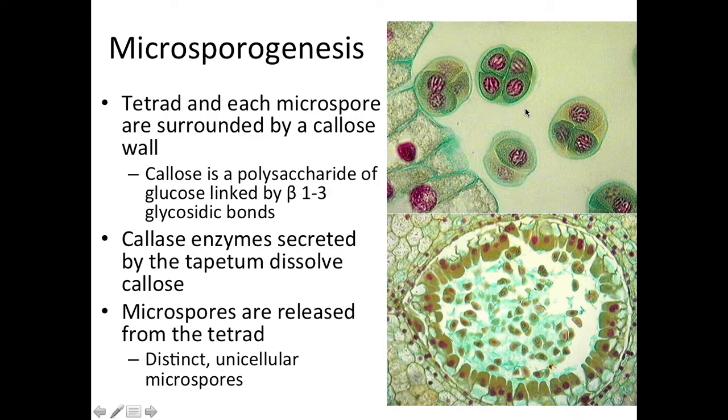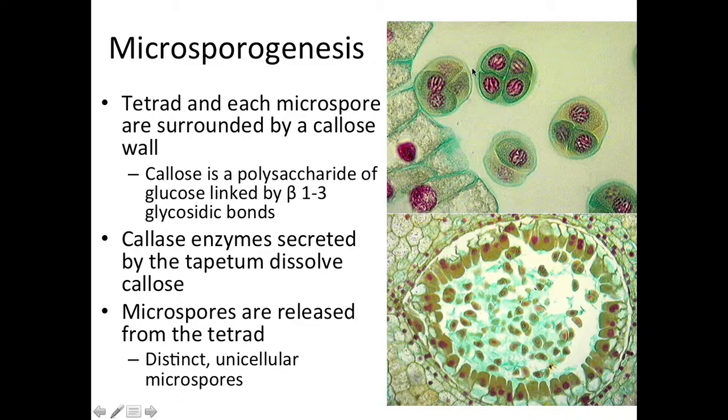Callose is similar to cellulose, but the glucose monomers are held together by a different type of bond, a 1,3 glycosidic bond instead of a 1,4 glycosidic bond. And so it's different from cellulose. And so the tapetum cells can release callase, and it'll dissolve only the cell wall around these microspores and not the cell walls of the other cells that will have cellulose.